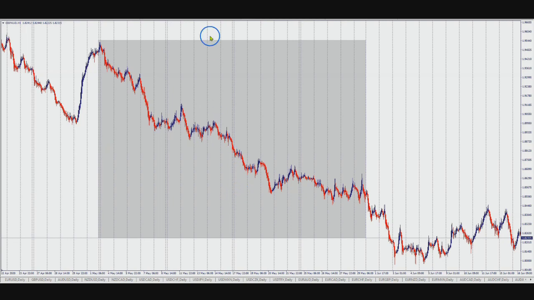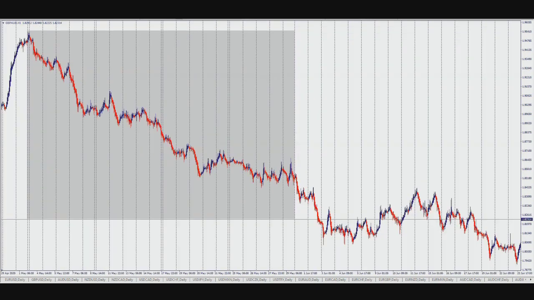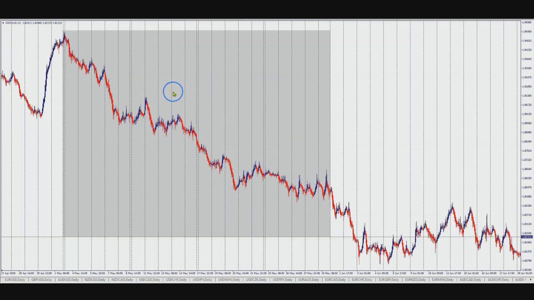Now, let me show you guys something. I'm about to show you guys something right now that, if you are a trader, is going to dramatically change your trading. This is going to help you become a more profitable trader.